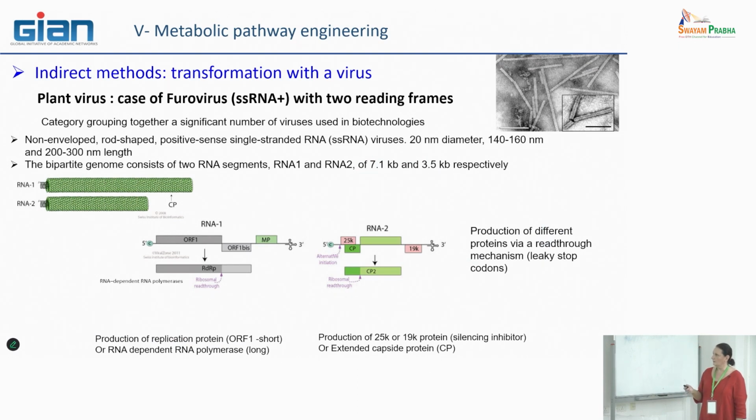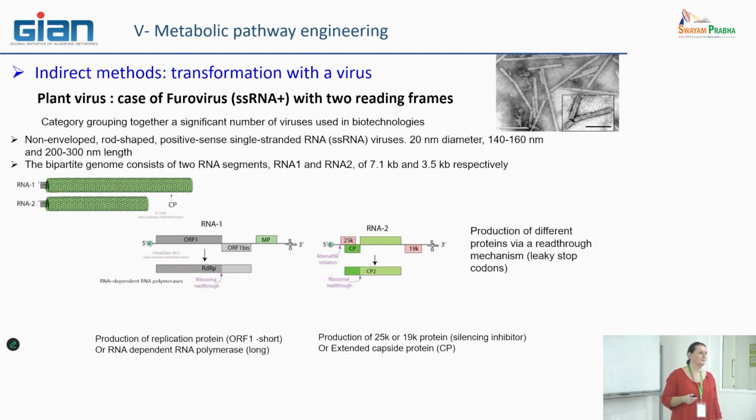And the last one that is also well used, in particular for silencing development, what I call VIGS, okay? They use this type of virus. It is the case of furovirus. This furovirus also has genomic material as a single strand RNA, okay?